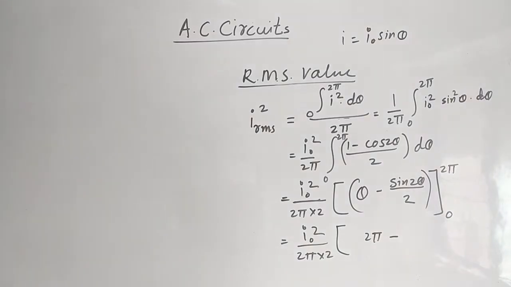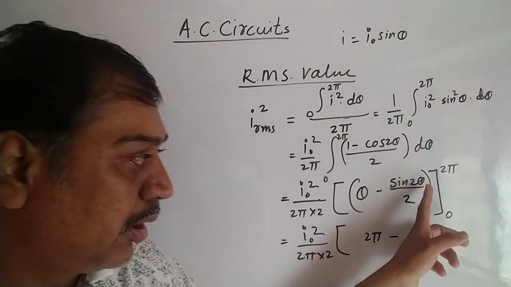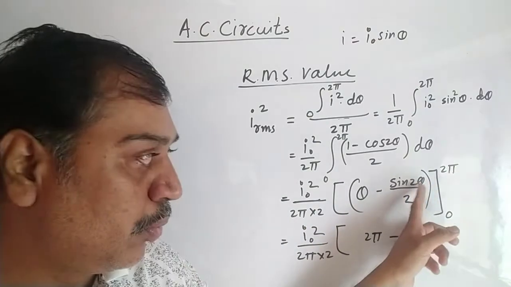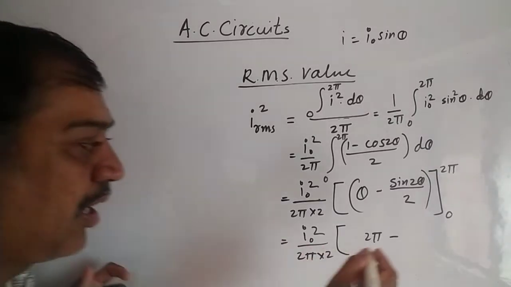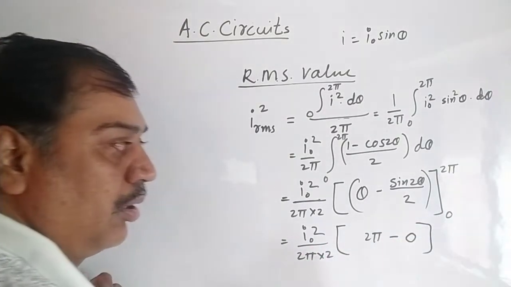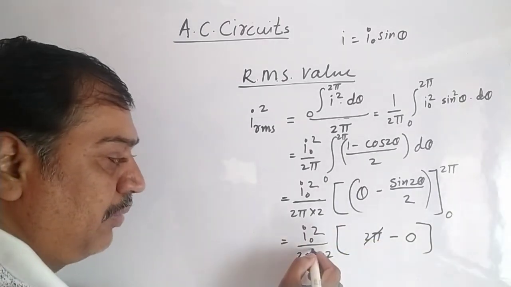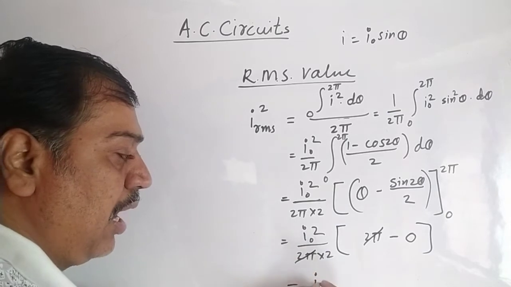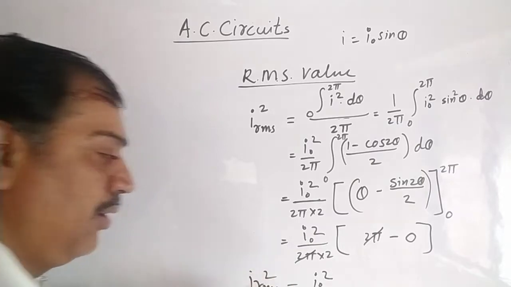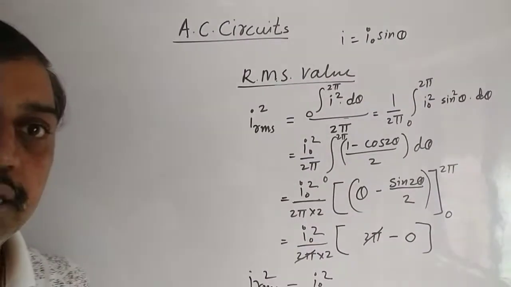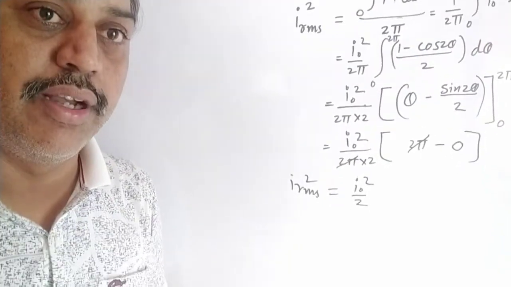Minus sin 2 theta divided by 2: put theta equal to 2 pi, 2 into 2 is 4 pi, and sin of 4 pi is 0. So that comes to be 0. This 2 pi cancels with the other 2 pi. What we get is I0 square by 2, and that is I RMS square. We have found this value.